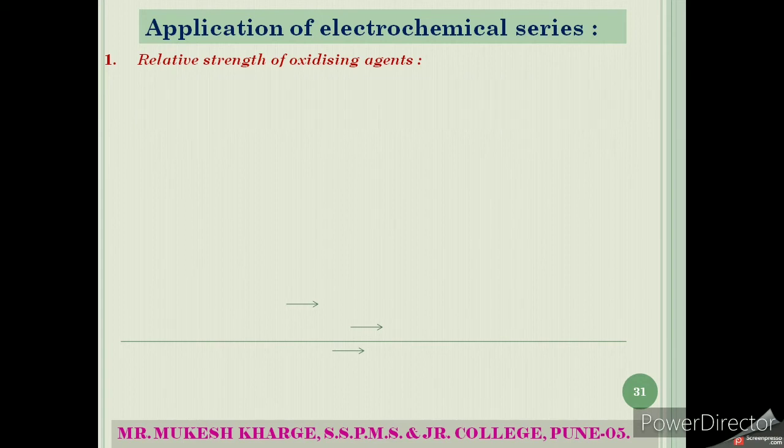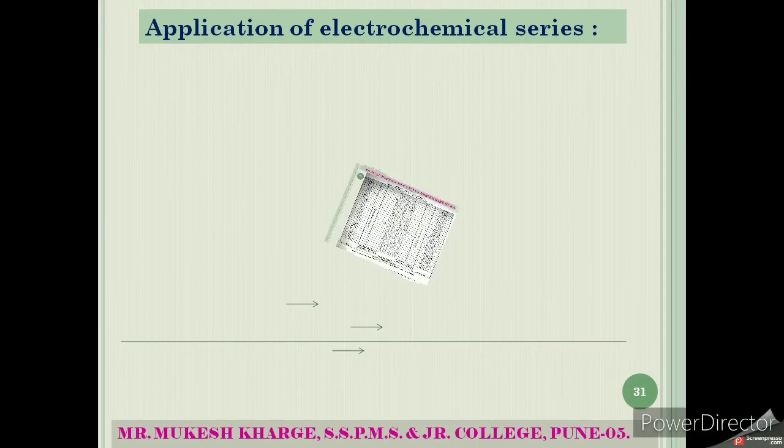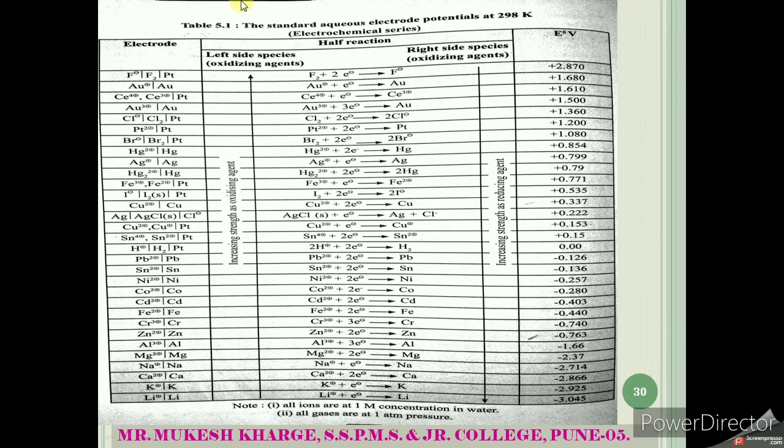If you observe the EMF series, at the top fluorine is present, whose standard reduction potential is +2.87, the highest one, and we know that fluorine is the strongest oxidizing agent. Non-metals are generally good oxidizing agents.